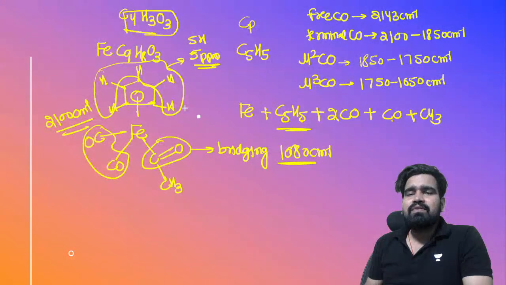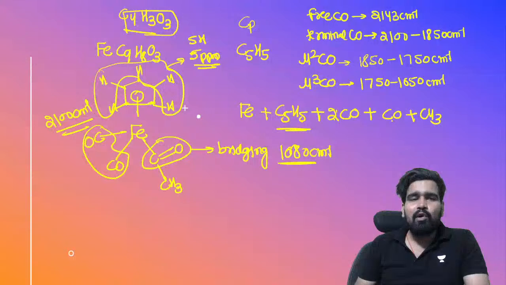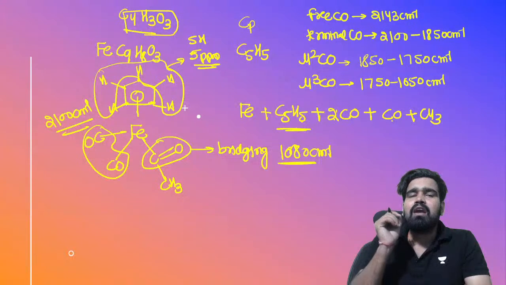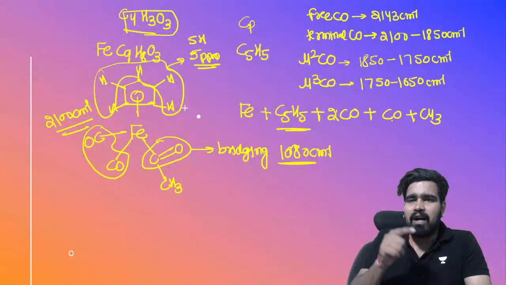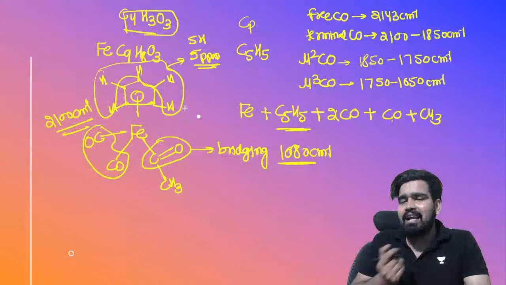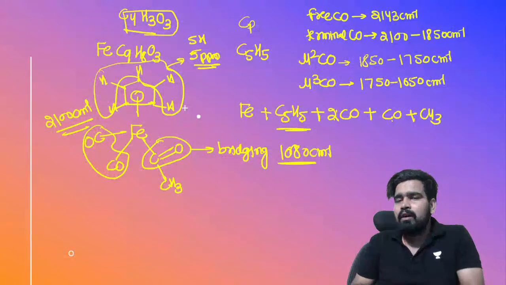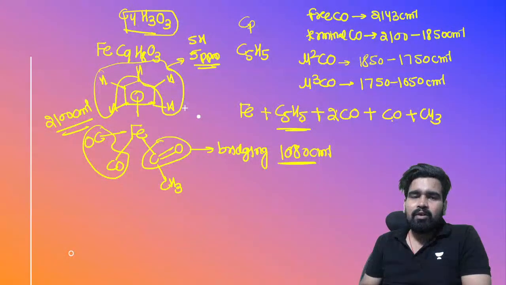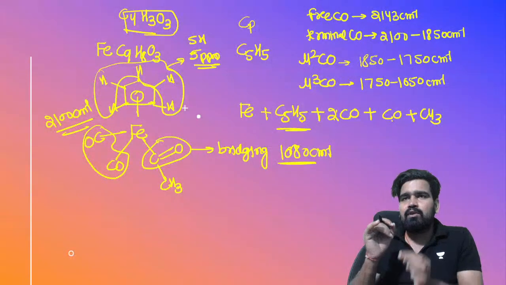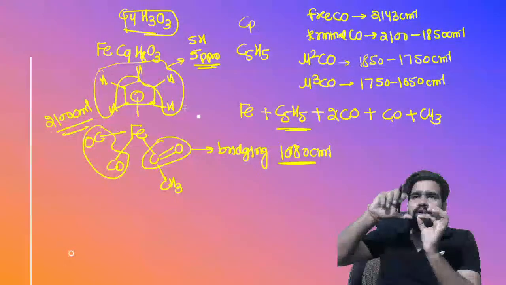You may be confused by one term, fluxional, but the fluxional term will not arise here. Fluxionality arises if the metal is joined with only one carbon out of the 5 carbons. In that case fluxionality comes into the role, because the carbon to which the metal is bound can change on rotation.